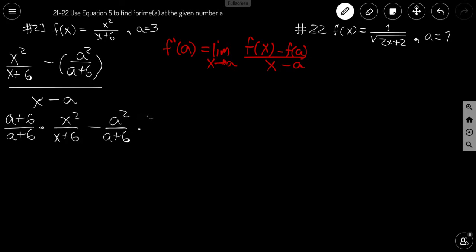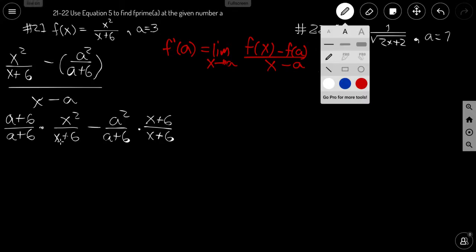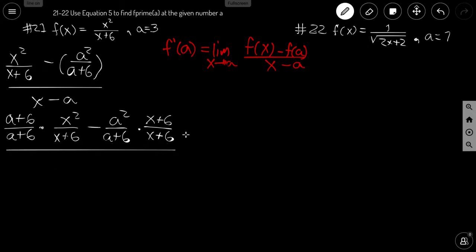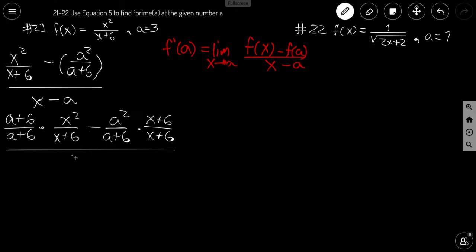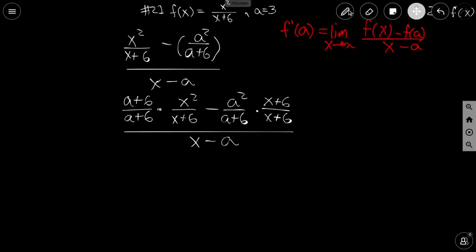So we can get a common denominator, and then all over x minus a. Okay, moving on.